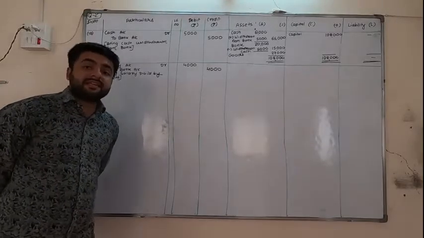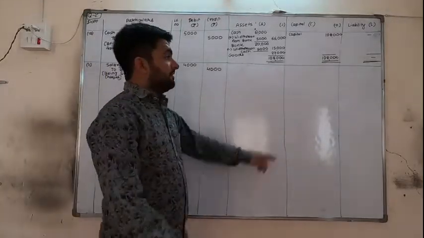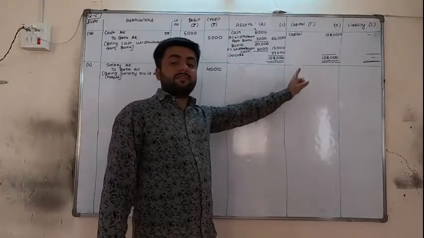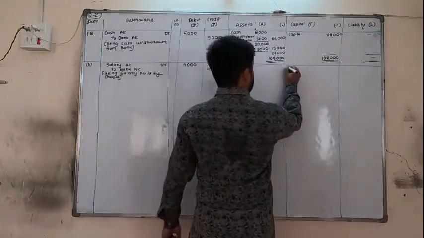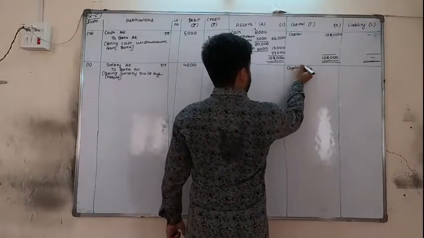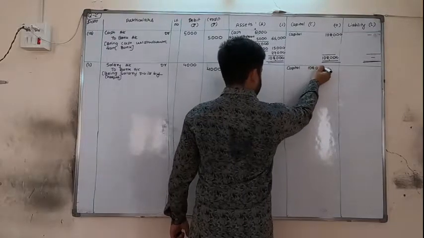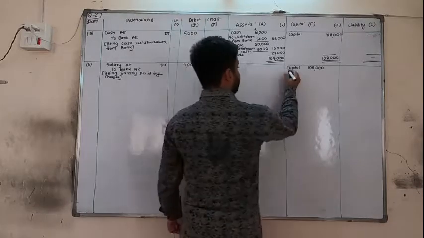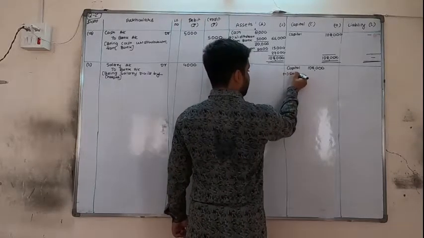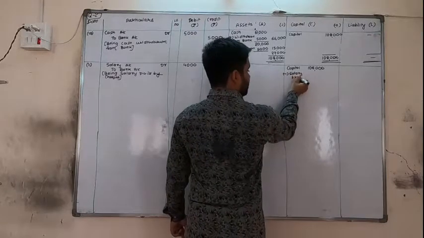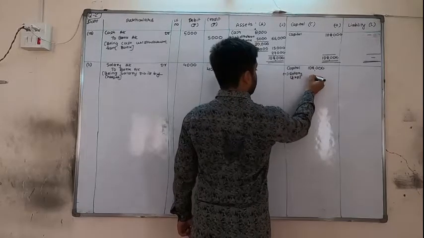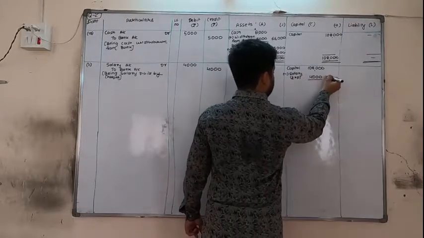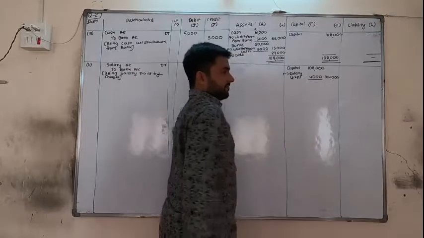Now salary is an expense, and as I said, all the expenses, incomes, profits and losses are with capital. Capital is 1,08,000. Now we are incurring an expense, so capital is decreasing. So minus salary in bracket expense 4,000. So the net capital will be 1,04,000.